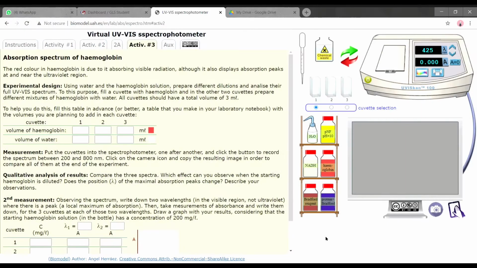For the third activity, we do an experiment about the absorption spectrum of hemoglobin. So in this experiment, we need to analyze the full UV-Vis spectrum of hemoglobin. So first of all, we need to make a blank using water.